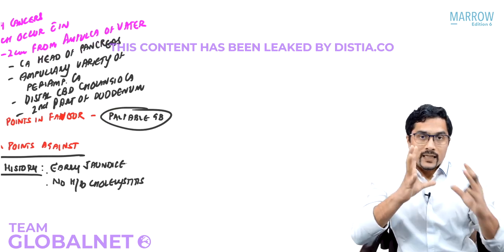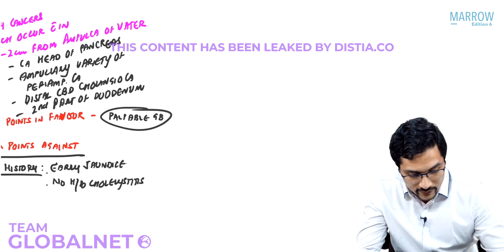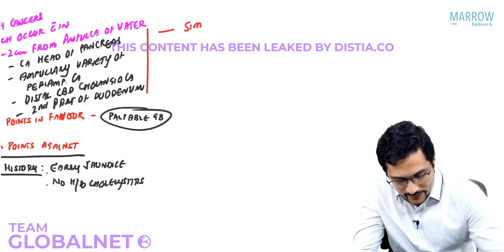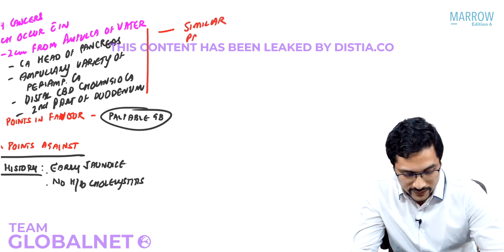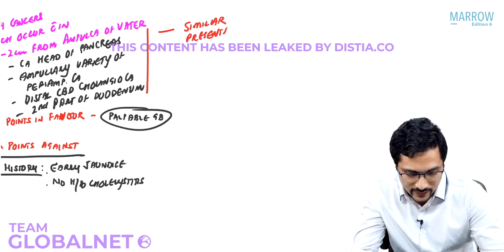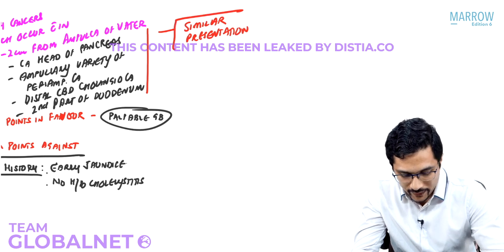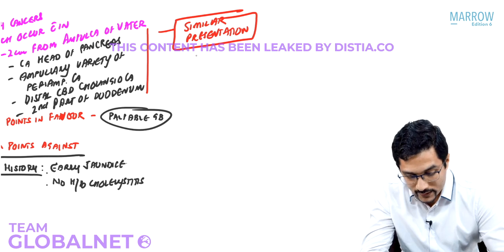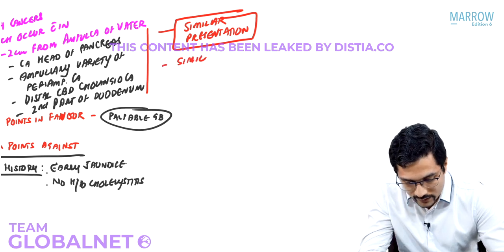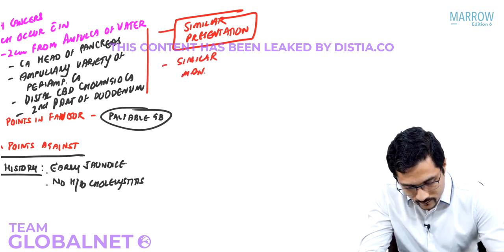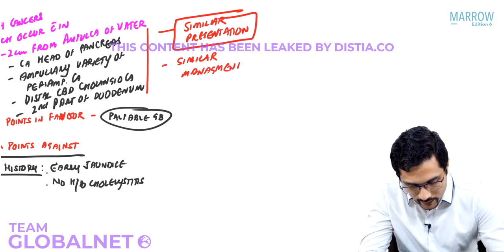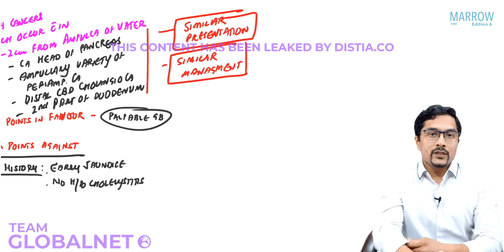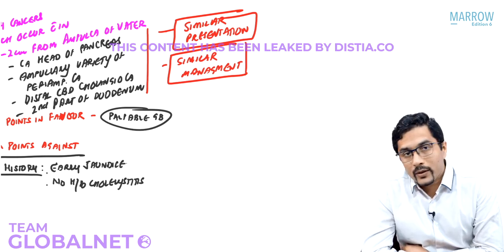Now, why are we clubbing these 4 cancers together? They have similar presentation, like in this case, the classical presentation is painless progressive jaundice, and the management is similar as well. That is why these tumors have been clubbed together.